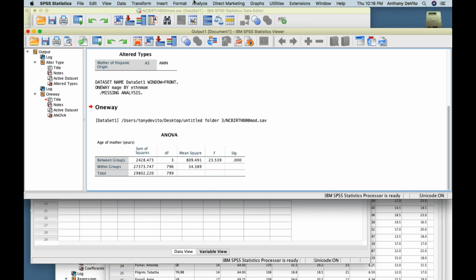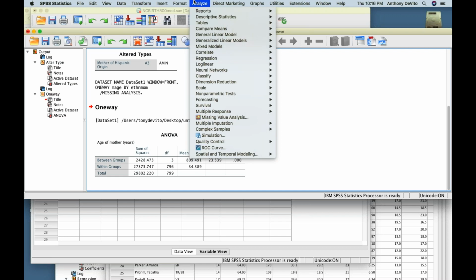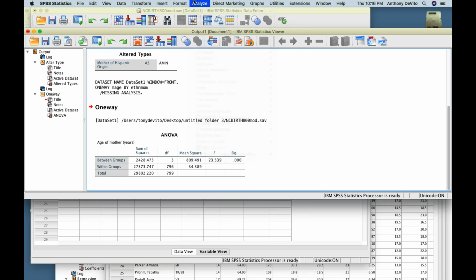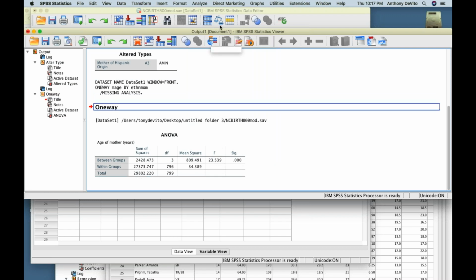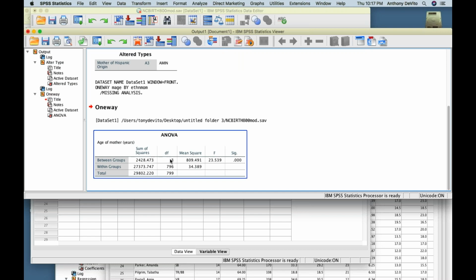So I'm going to actually perform this analysis. Analyze, Descriptive Statistics, analysis of variance. I get F equal to 23.5. Now we can go to a table for analysis of variance, and we look up the degrees of freedom between the groups and the degrees of freedom within the groups, and we can look up what the critical value of F has to be.